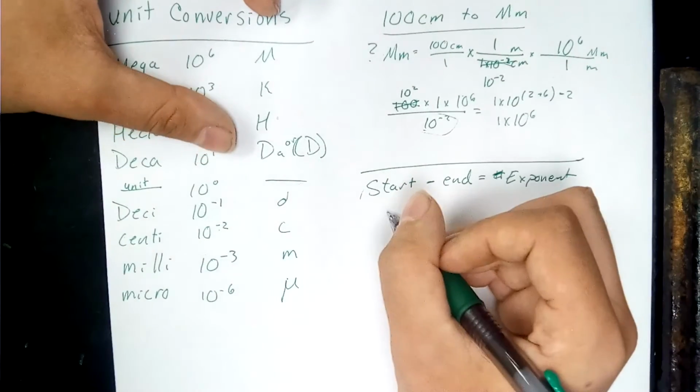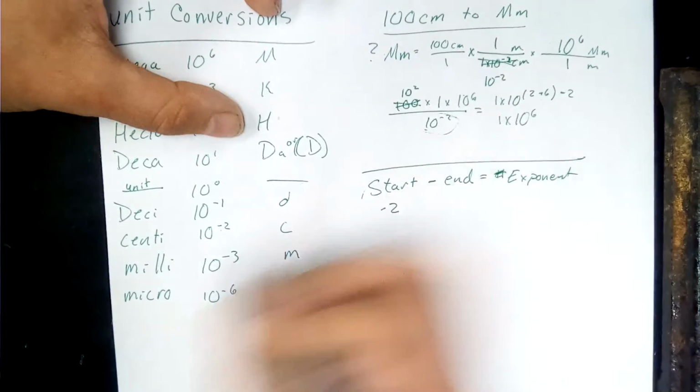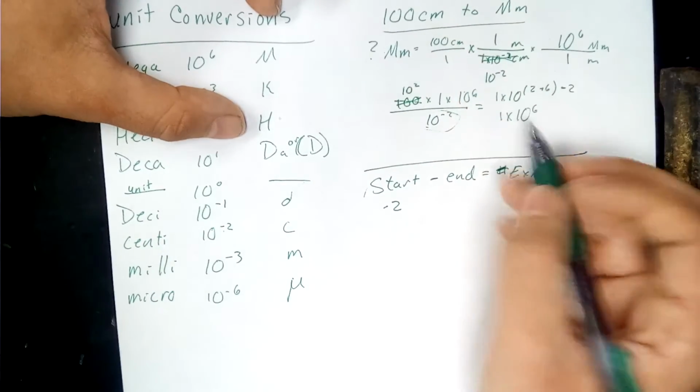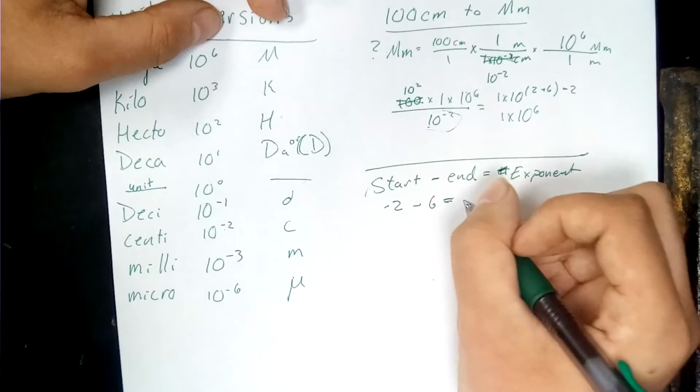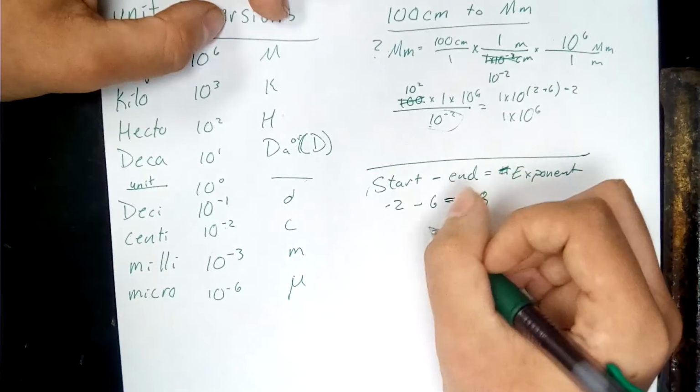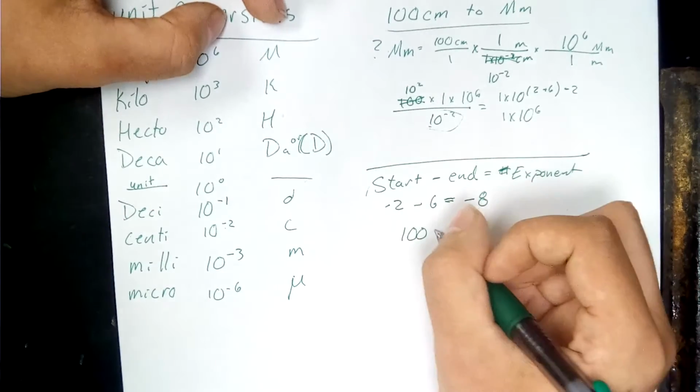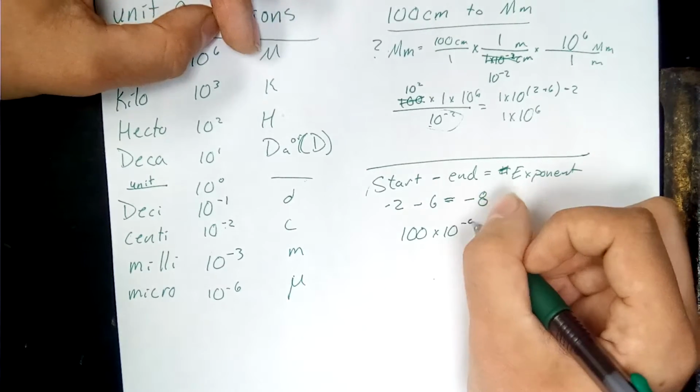So we're starting at 2, so negative 2 minus whatever mega is, 6, so that is to the negative 8. So we have 100 times 10 to the negative 8.